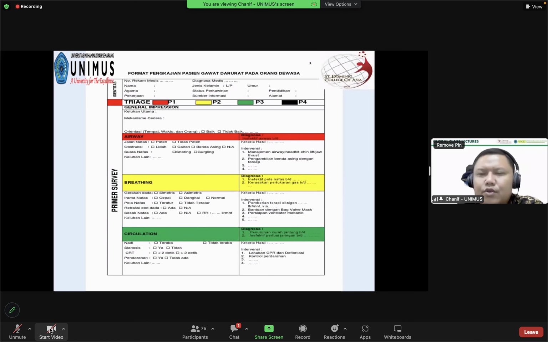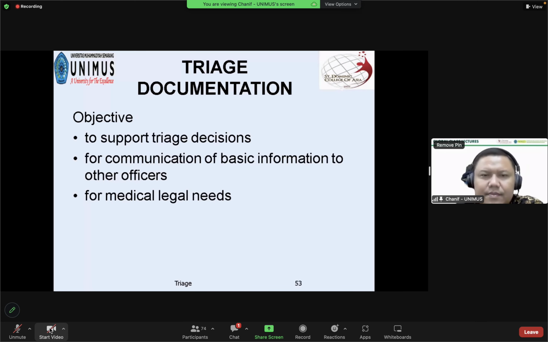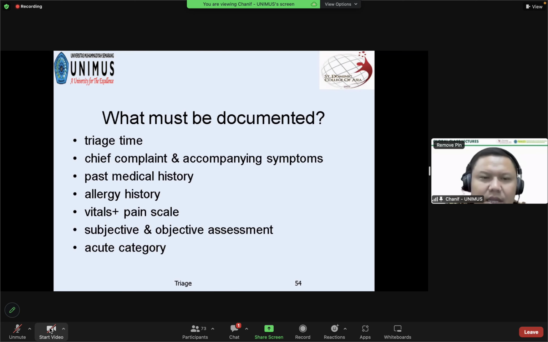For the documentation of triage, the objective is to support triage decisions, communicate basic information to other officers, and meet medical-legal needs. What must be documented? First is time: what time the patient came and we triaged.